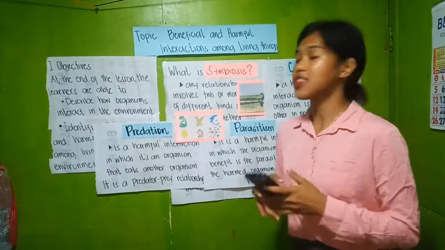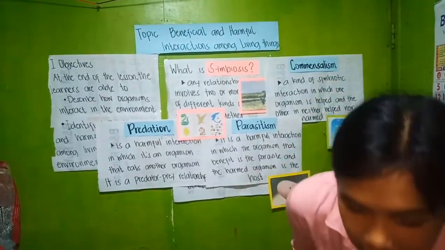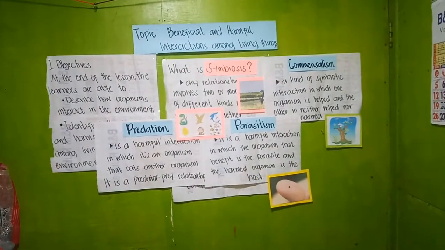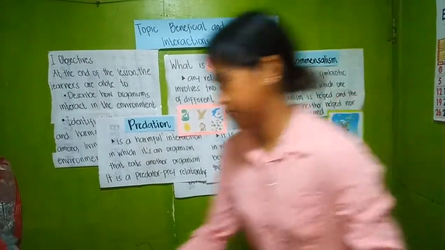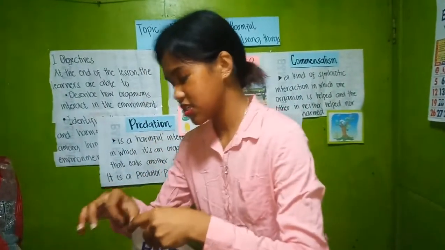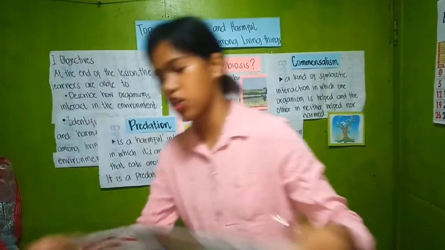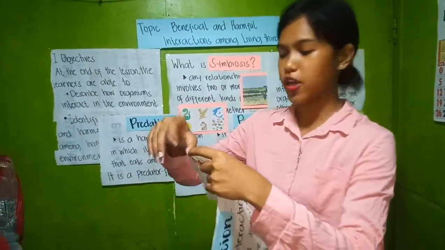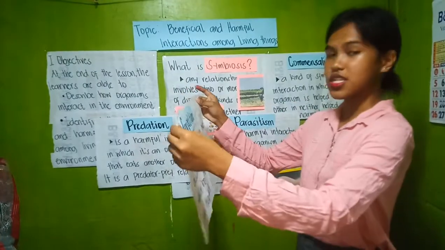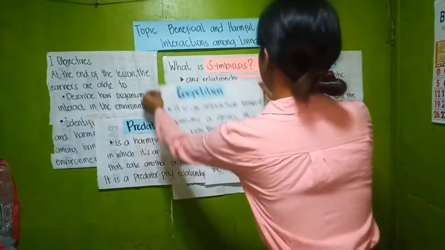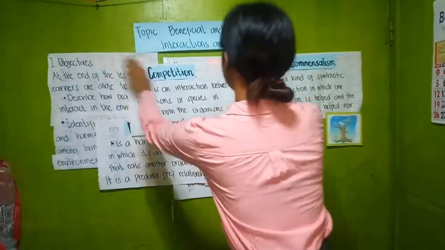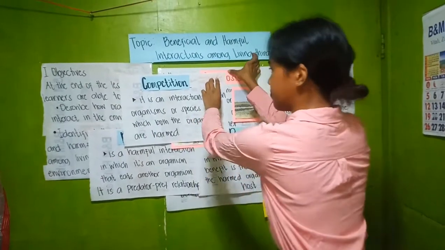Okay, the fifth and the last one is competition. So what is this, Teacher Dan? What is competition and why does it belong to symbiosis? So the fifth one is competition.